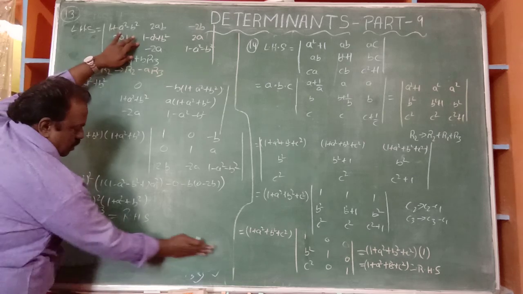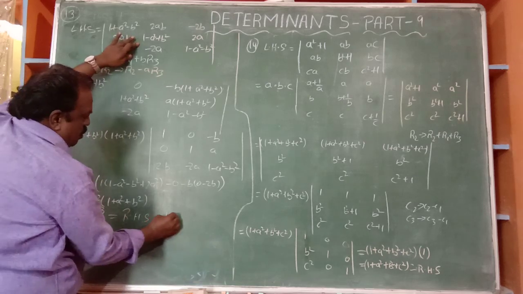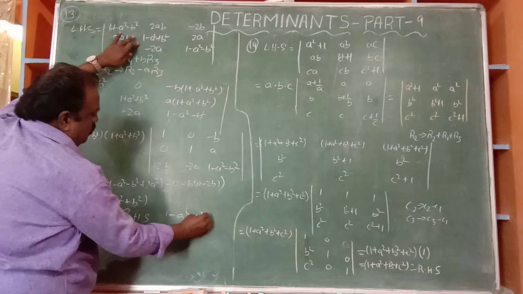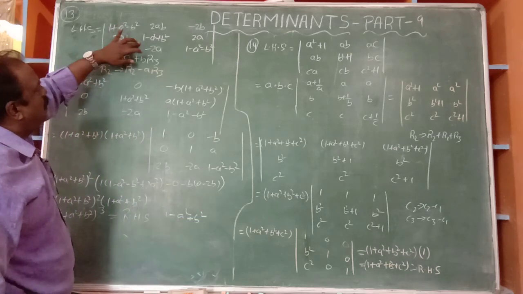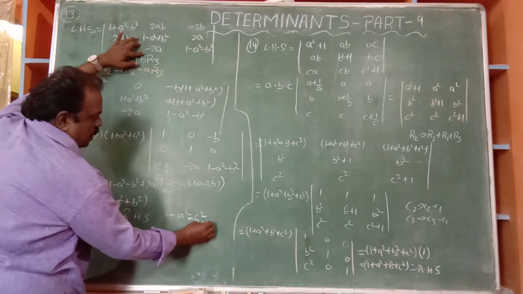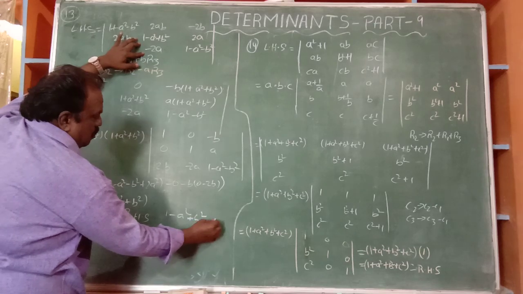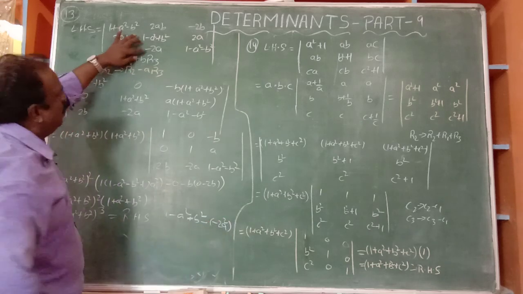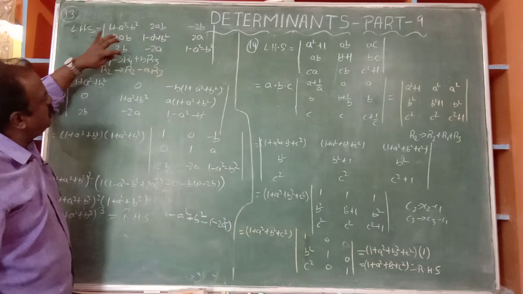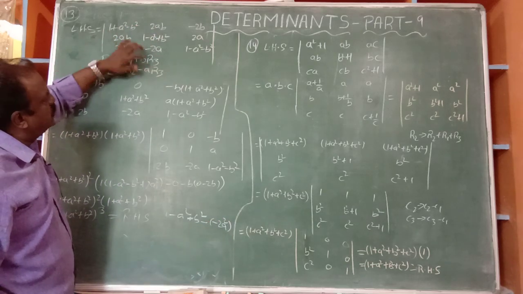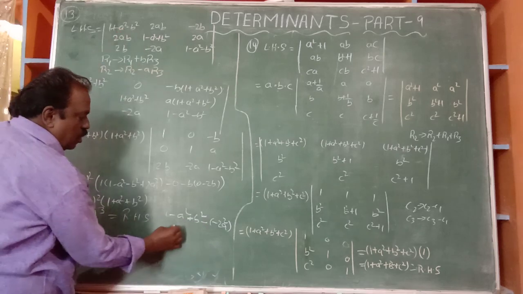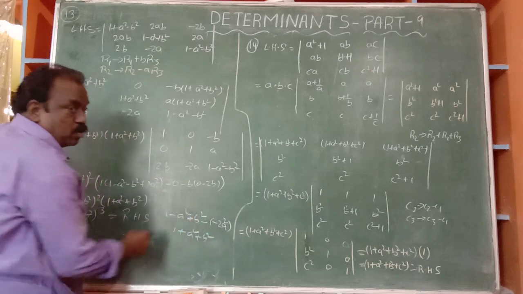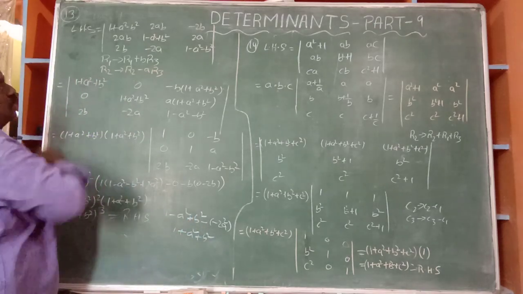And here it is 1 minus A square plus b square is there, and with minus 2a square. Now this minus 2a is multiplied with the minus a, so it is plus 2a square. So 1 plus a square plus b square. Be careful.